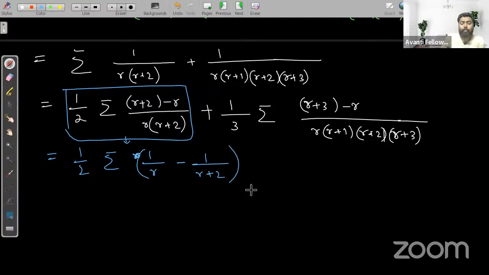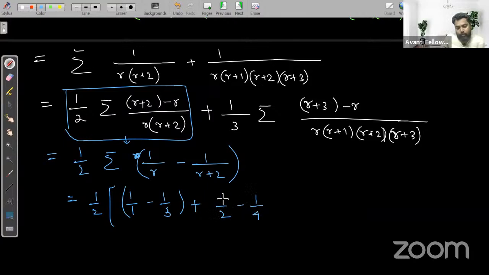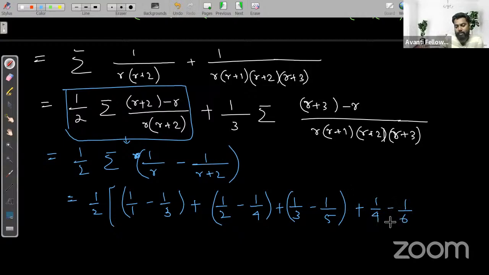If you open this, what are we getting? Let's see. Half into 1 upon 1 minus 1 upon 3, plus 1 upon 2 minus 1 upon 4, plus 1 upon 3 minus 1 upon 5, plus 1 upon 4 minus 1 upon 6, and so on.